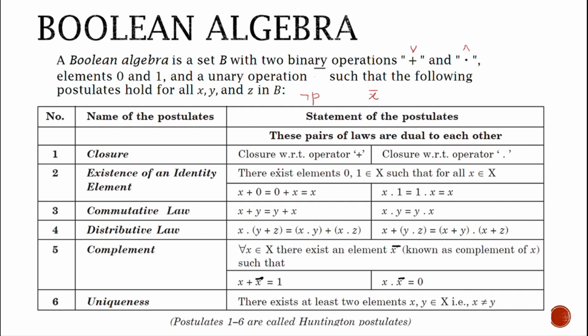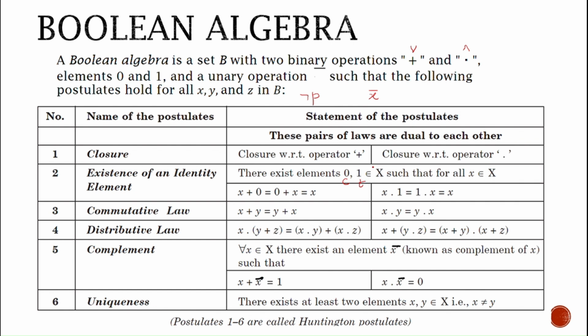So this algebra satisfies the closure property with respect to OR, and the closure property with respect to dot. And then we have the identity elements 0 and 1, as we discussed in the previous class: 0 is the identity element of the disjunction or plus, and 0 and the contradiction are the same thing.